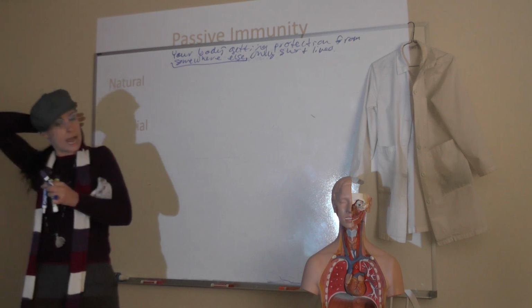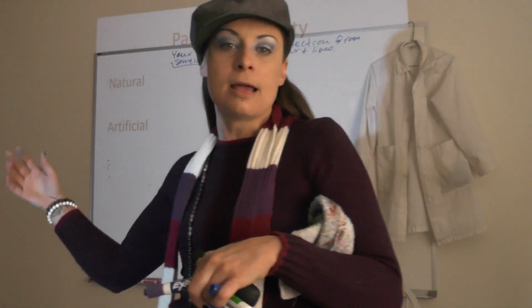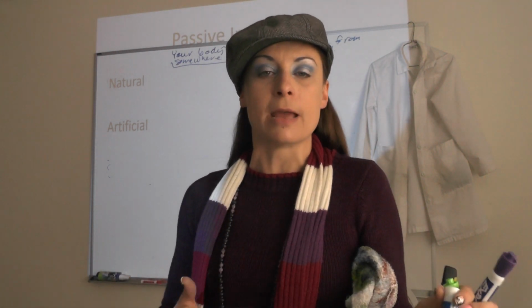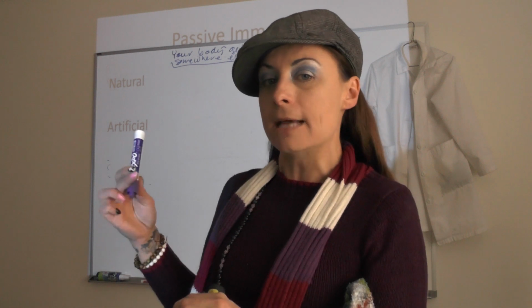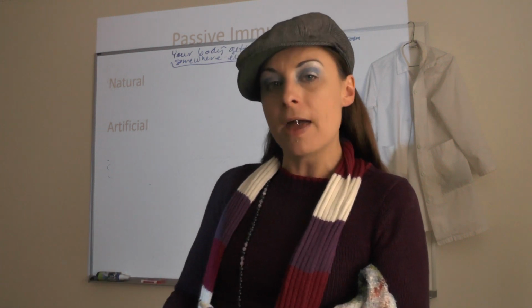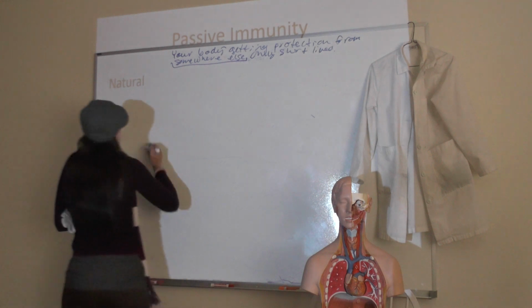So a natural example of passive immunity is the kind of immunity a baby gets from the placenta, passing mom's antibodies through to the baby, and then also babies passively get immunity when they're nursing. So breast milk contains antibodies that mom's producing, and then we'll give babies some passive immunity. So that's natural.